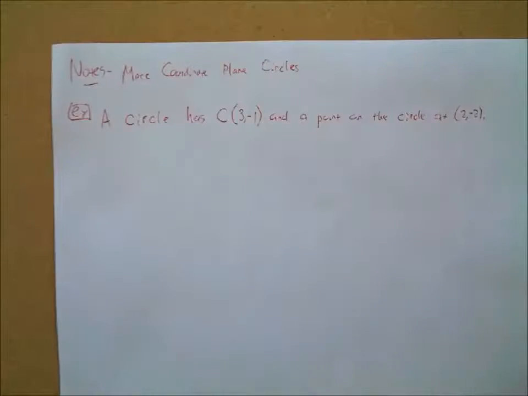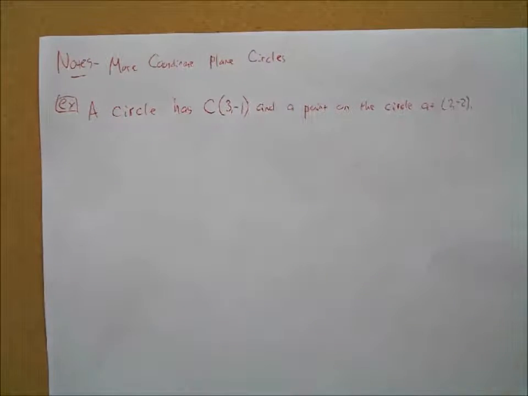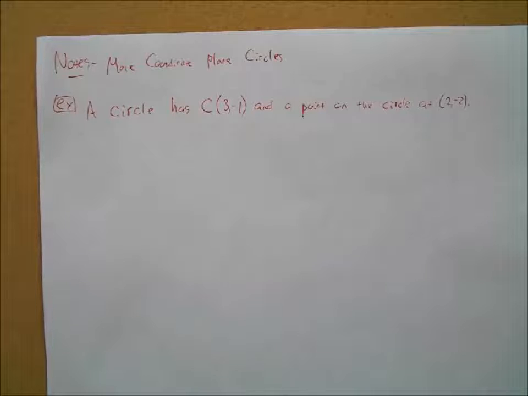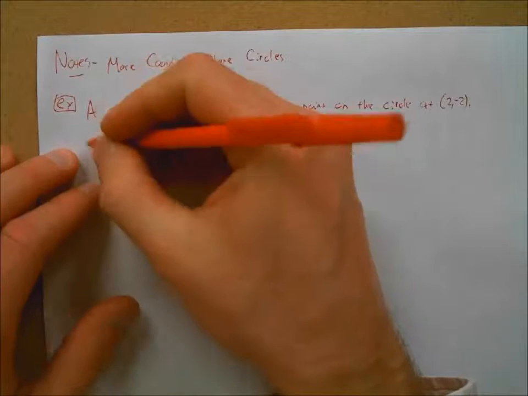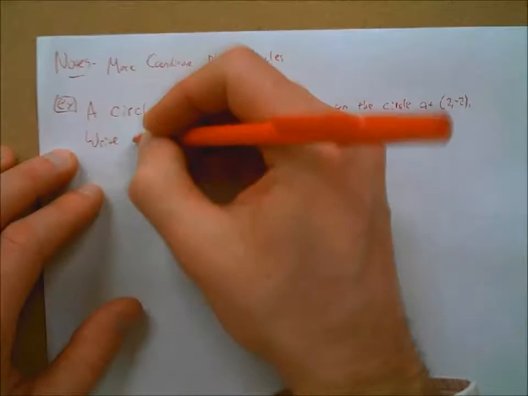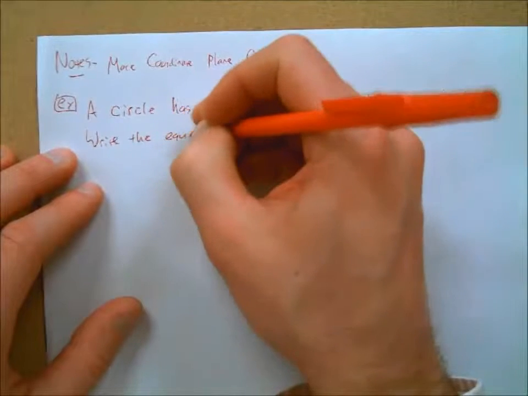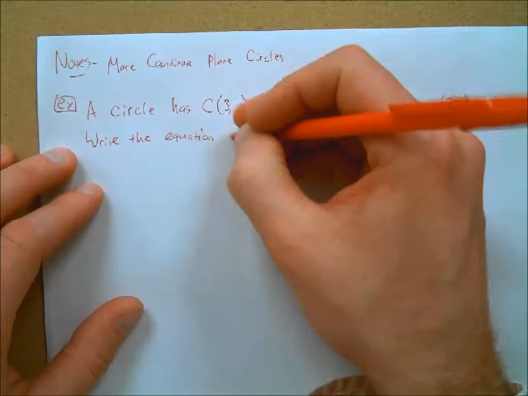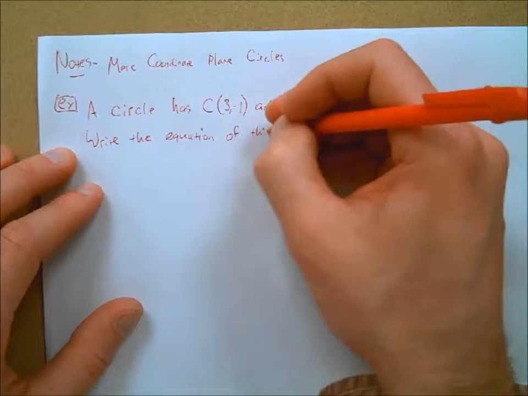Okay, there we go. A circle has center (3, -1), and a point on the circle at (2, -2). Write the equation of this circle.